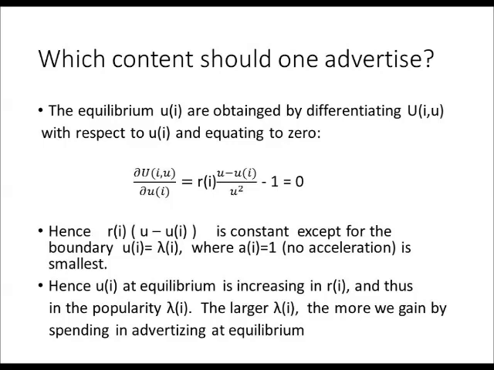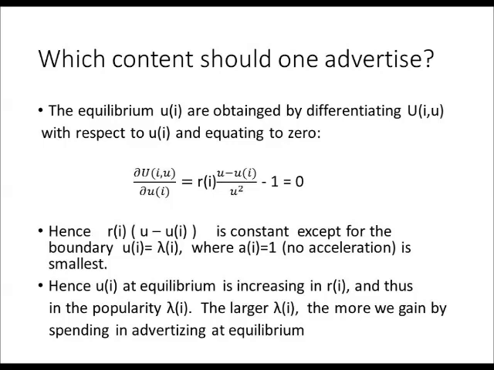Of course, the equilibrium can also be on the boundary, and in that case it's the action A, their initial acceleration is just 1, so that ui equals lambda I. So except for the boundary, everywhere else ui is in fact strictly increasing in Ri at equilibrium.